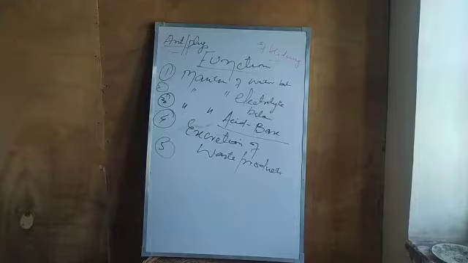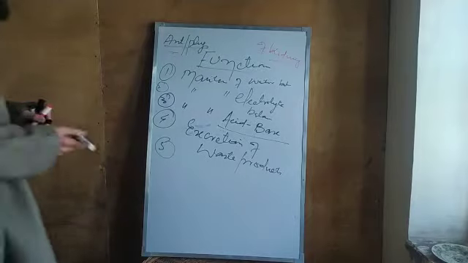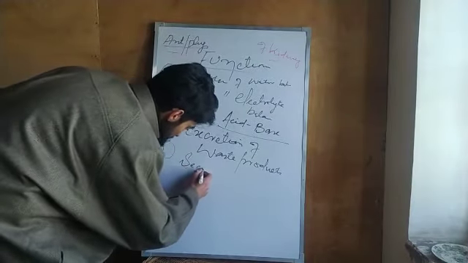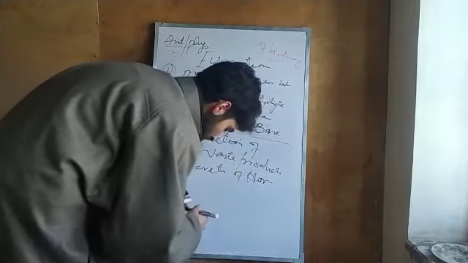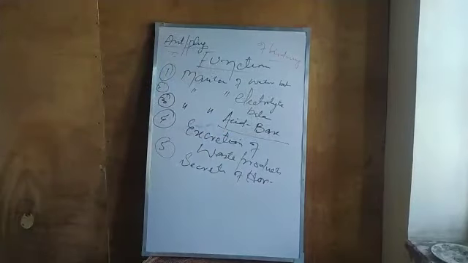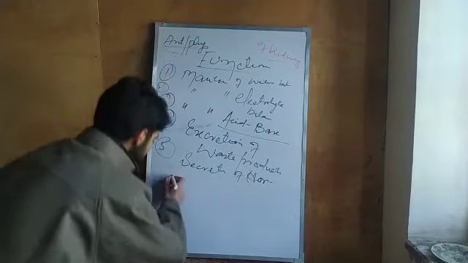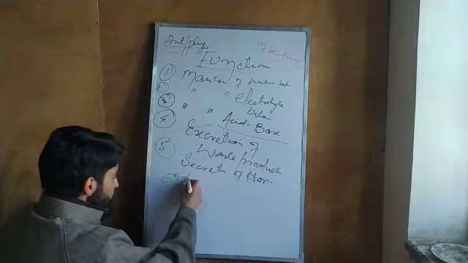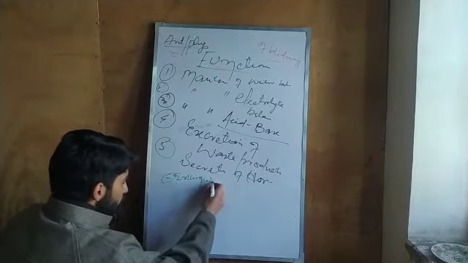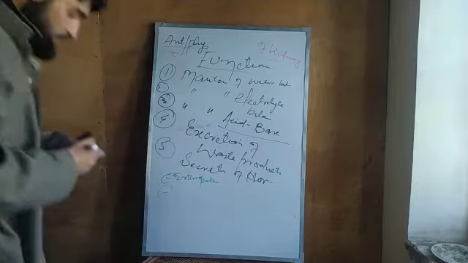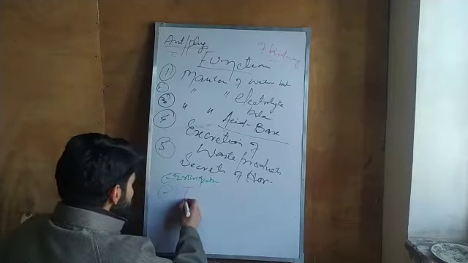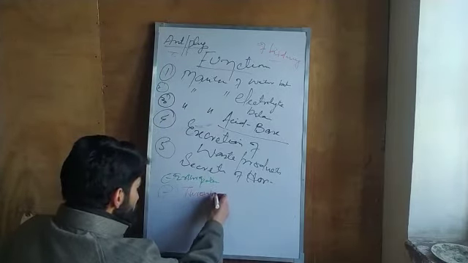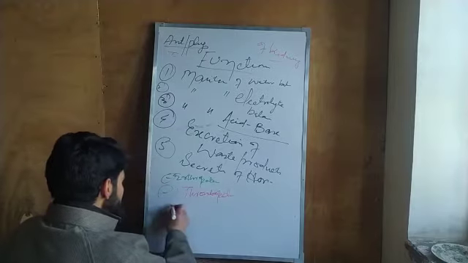The fifth point is that it helps in the secretion of some hormones. Which hormones do the kidneys secrete? Firstly, erythropoietin, along with thrombopoietin and renin.